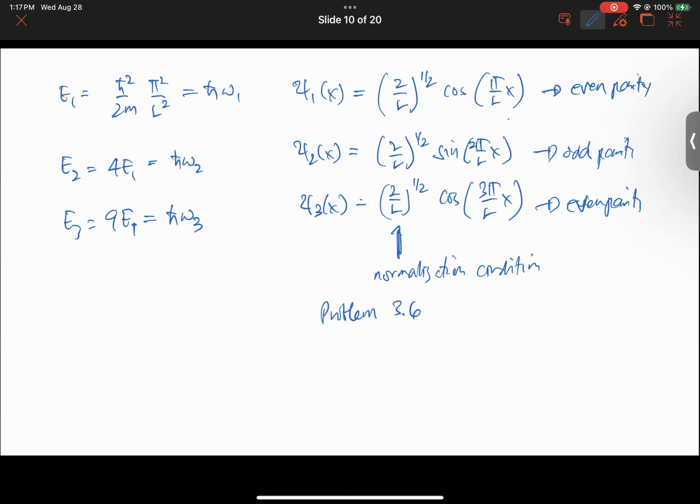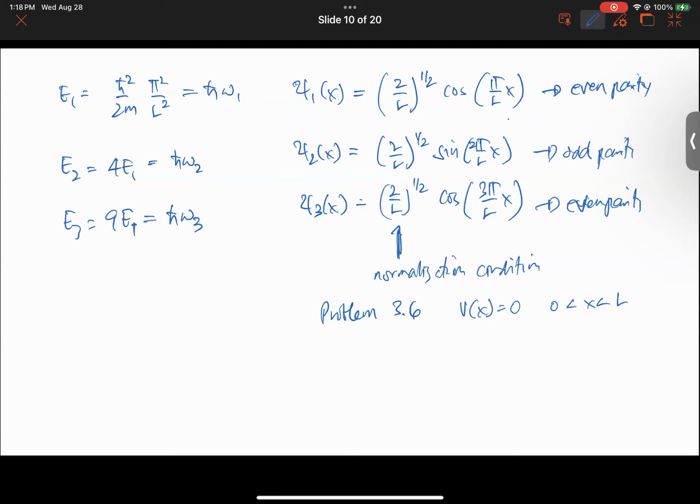Dun sa problem 3.6, it's also an infinite potential well, pero shinif niya ng konti yung potential. So yung V of x equals 0 ay from 0 to L na, between 0 and L. So hindi na from negative L over 2 to positive L over 2.